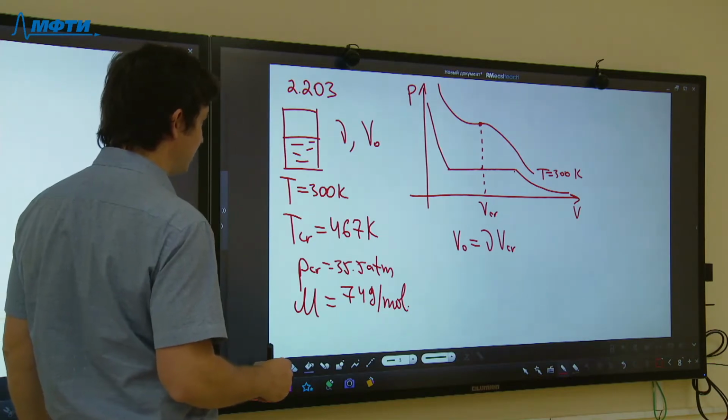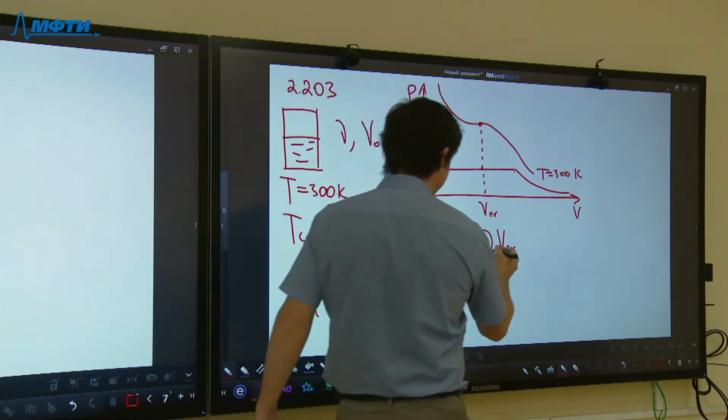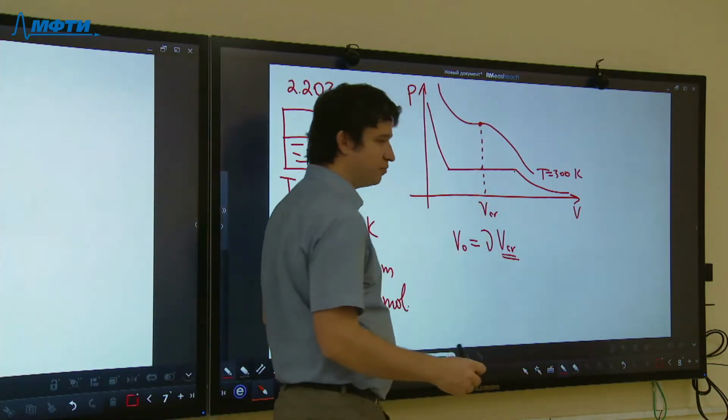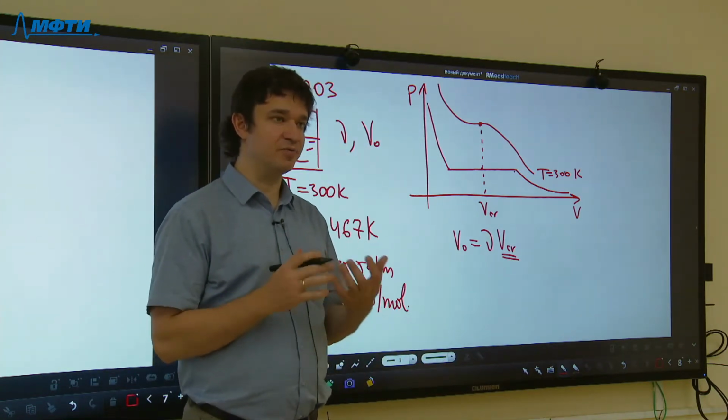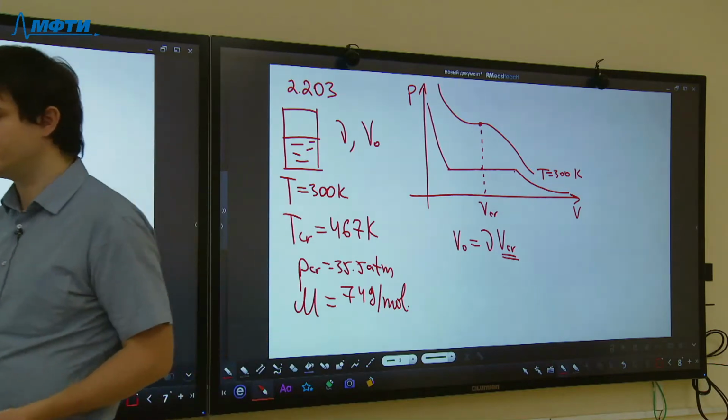What we need to find actually is that we don't know yet the critical volume, but we understand that critical pressure, critical volume, and critical temperature are somehow related to each other.